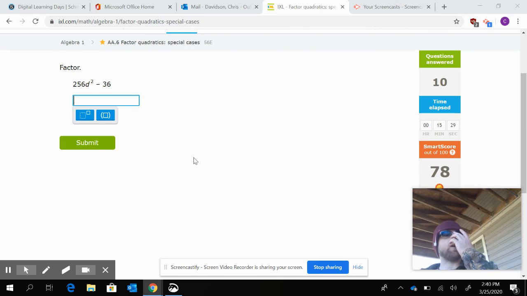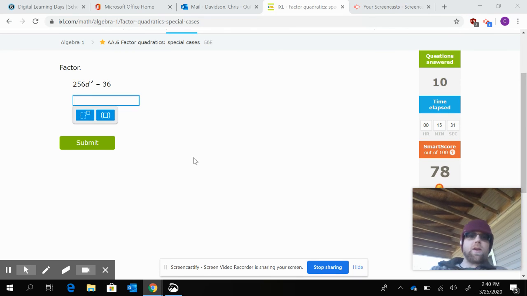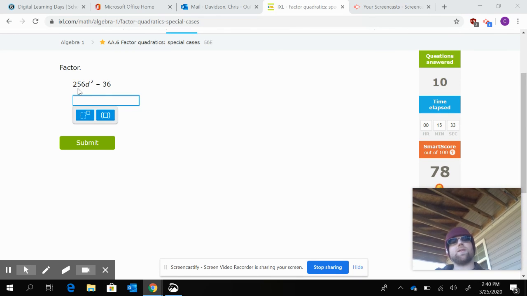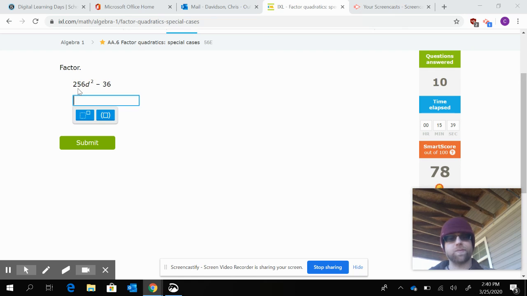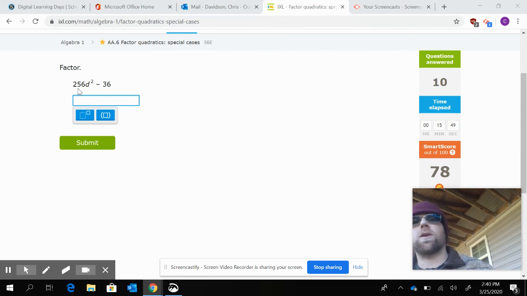All right, so if y'all have any questions. 256, you got to check to see if that's a perfect square. Just put that in your calculator, go to square roots. The square root of 256 is 16. So that is a perfect square.